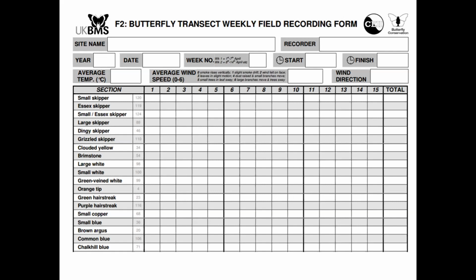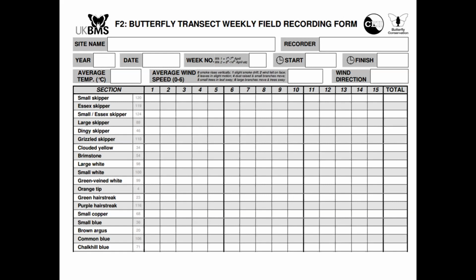They tell us a great deal about how butterfly populations are changing across the country and across the years. They also, for instance, tell us about something called phenology. So because everybody across the country is recording what they see each week from the 1st of April right through till the end of September, we can see that over the years, things have got earlier.